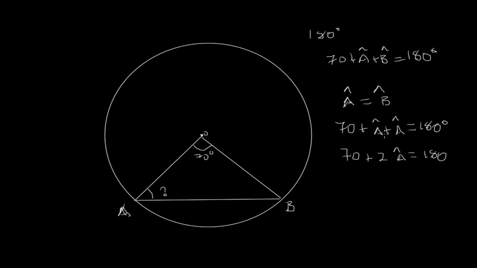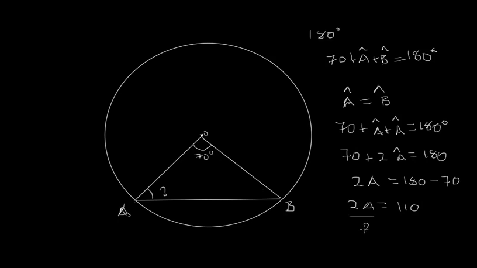Then the 70 can go to the other side. We have 2A is equal to 180 minus 70, right? So 2A is equal to 180 minus 70, which gives you 110.